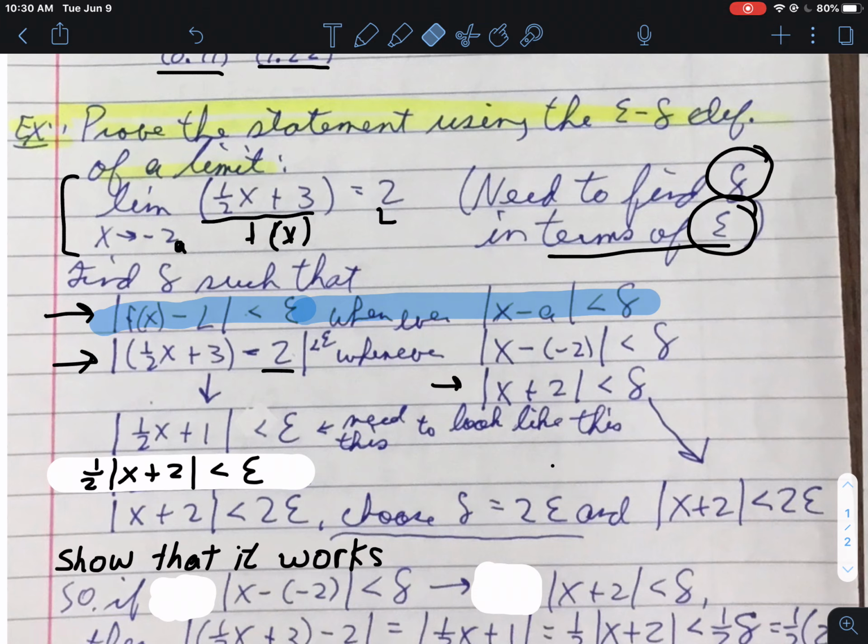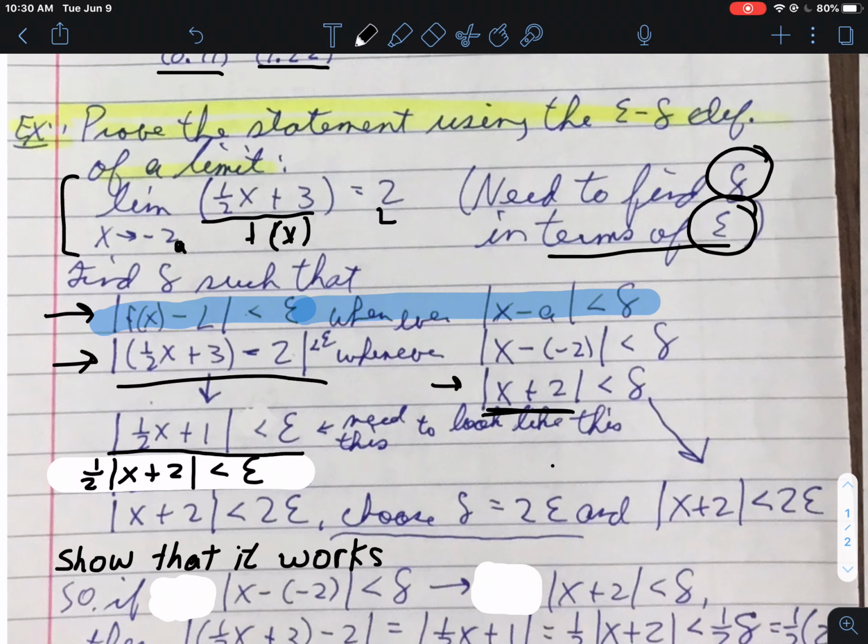Now again, these are all going to follow the same process. It may seem a little confusing at first, but we'll go through a couple of examples and it may make more sense. So once I do my absolute value of f of x minus L is less than epsilon, simplify that, and I need that to look like this.